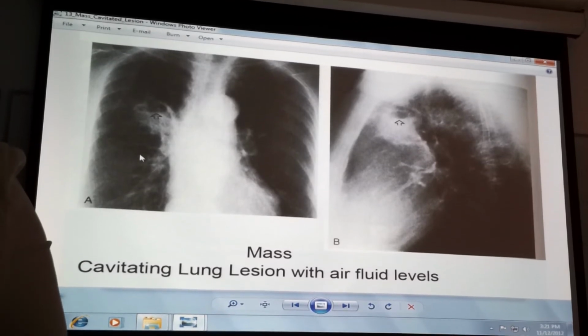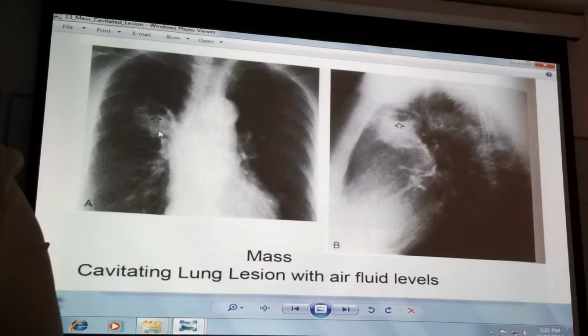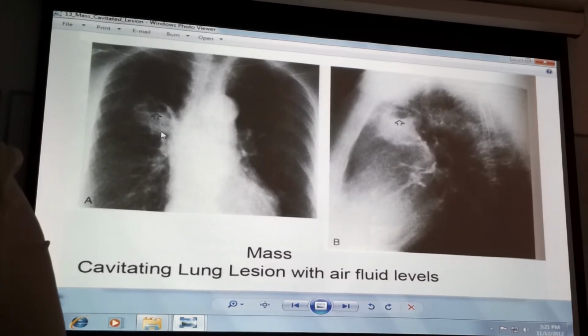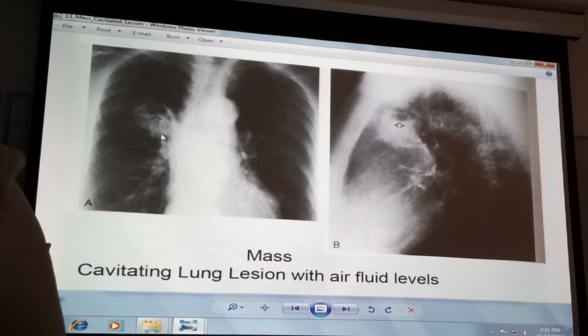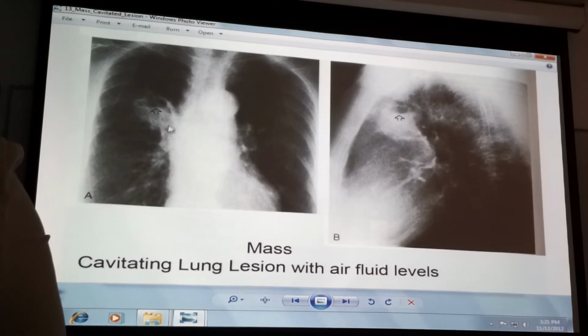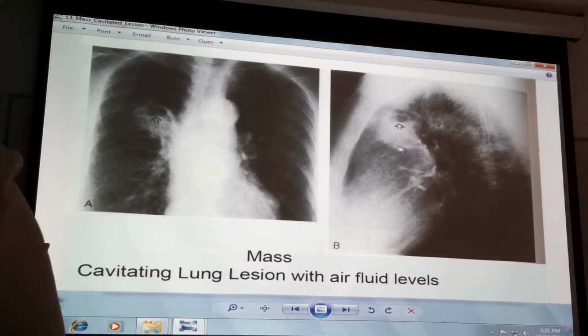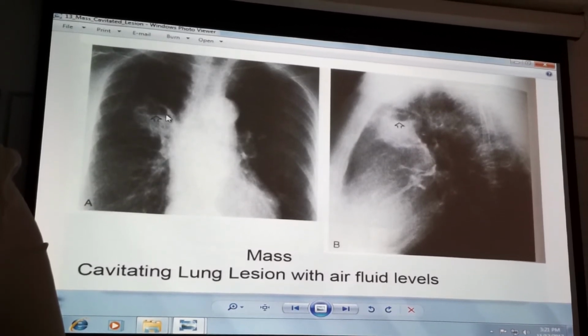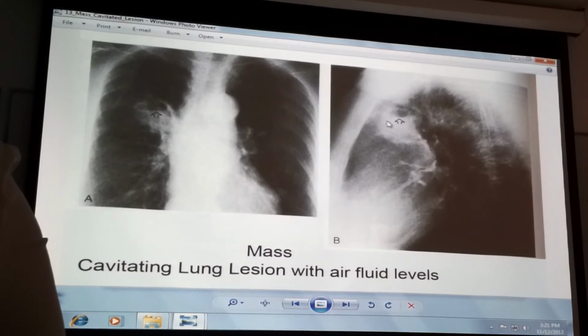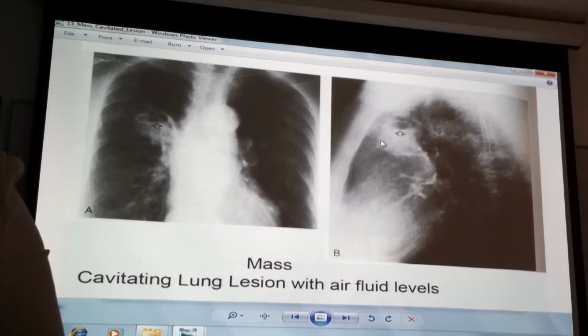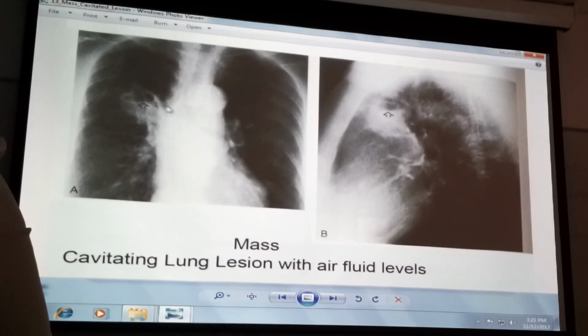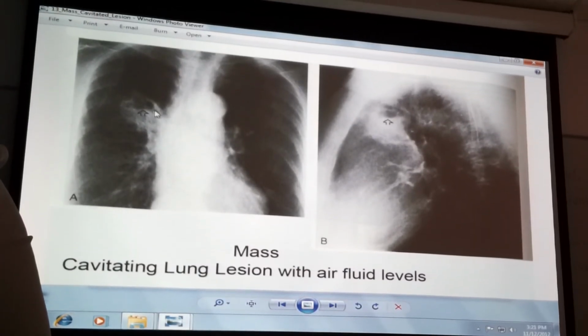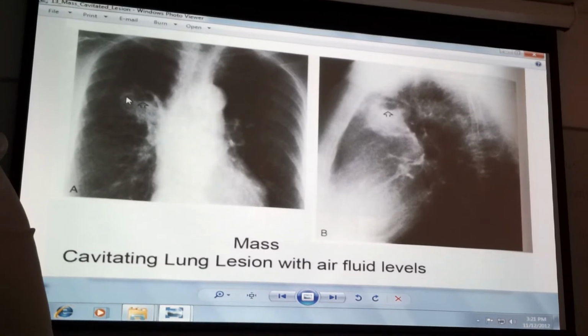Not only do we see a mass in the right upper lobe, which may be tuberculous, infectious, or fungal, I don't know what it is, there's something that looks irregular on 2 views with an air fluid level. Do you see why it's an air fluid level? Because it's like a line, because we have that meniscus sign. Everybody see that? Do you understand that? Yes? Okay.